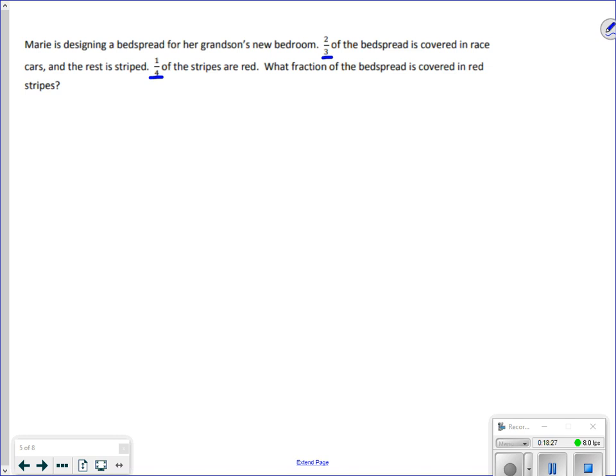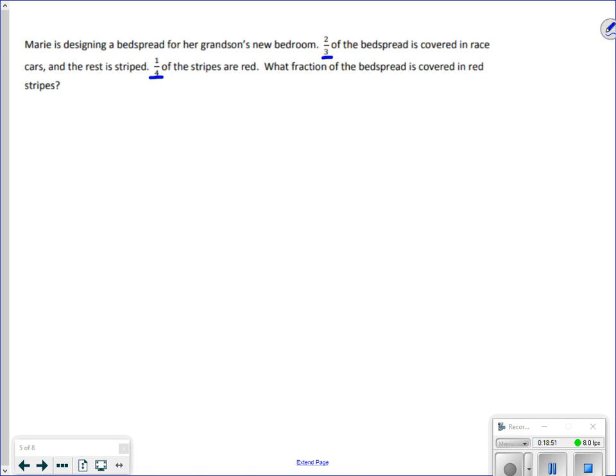Are the race cars red? No. You just went, oh, we're multiplying fractions. Number, multiply them, done.